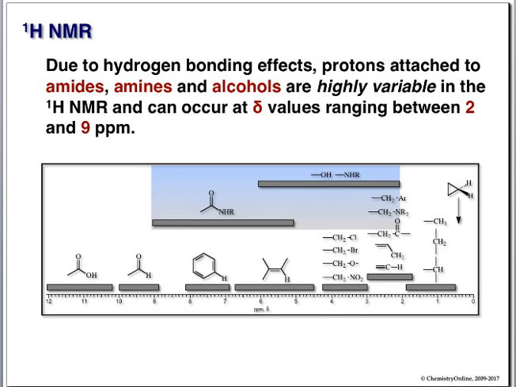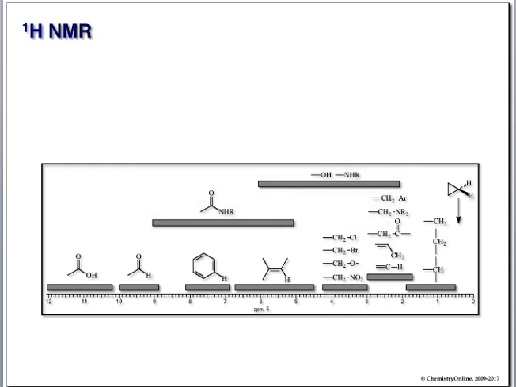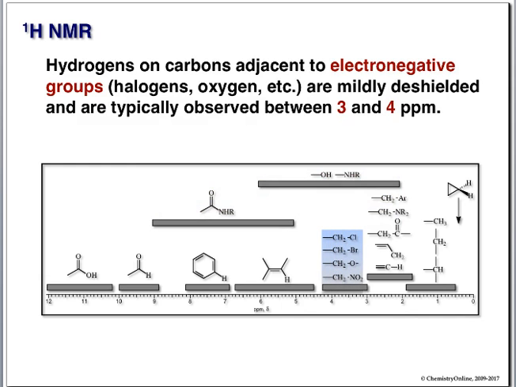They can darn near show up anywhere, depending upon the concentration, depending on the solvent, what else is in the mixture, etc. And they're usually a little bit diffuse. So these are not really reliable, but they're there. These guys, just like before, when we take carbon-bearing hydrogens next to something electronegative, they're going to typically show up in the 3 to 4 range. So electronegative things move stuff here.